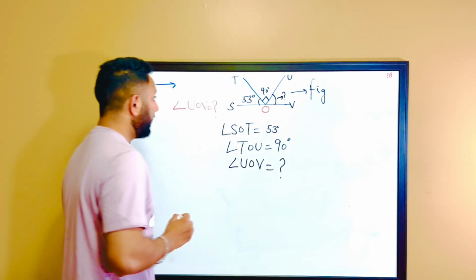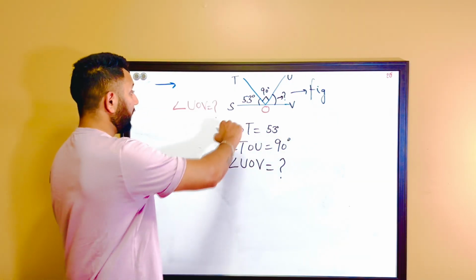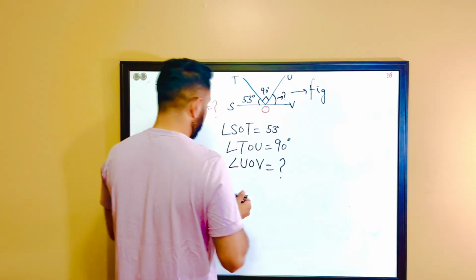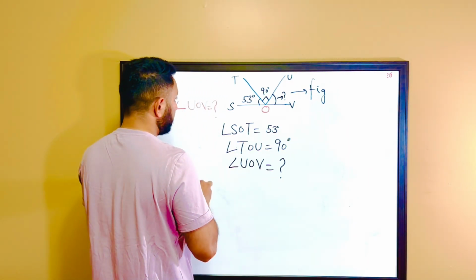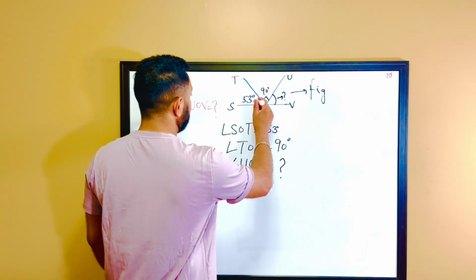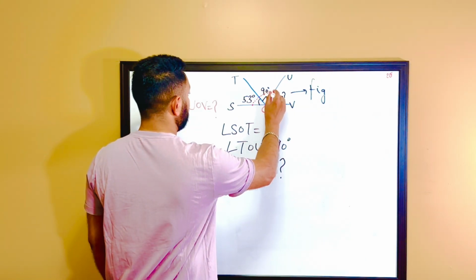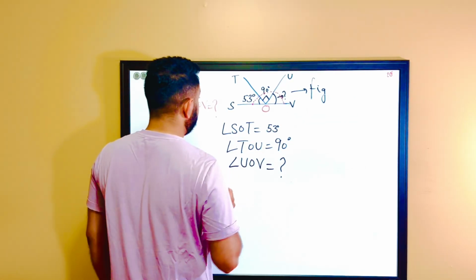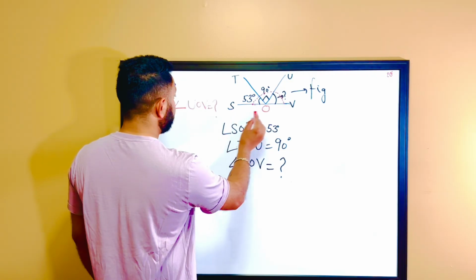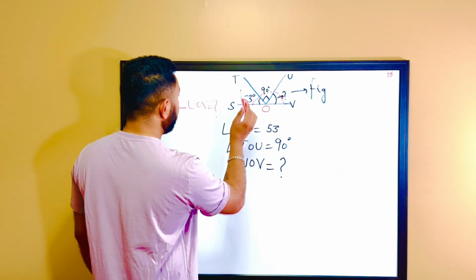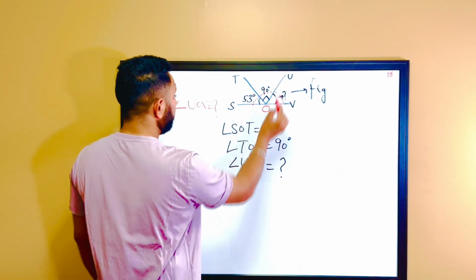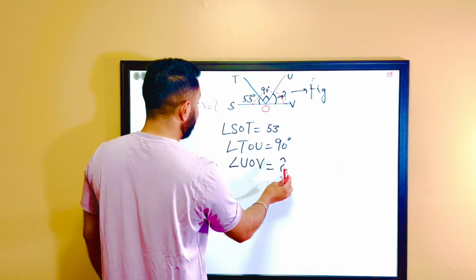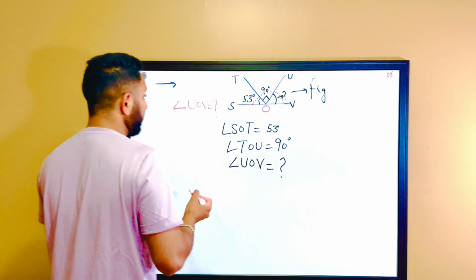We already know that the angle made by a straight line, like line SV, is 180 degrees. So that means this whole angle is 180 degrees. That means these three angles, SOT, which is 53 degrees, TOU, which is 90 degrees, and the UOV angle that we need to find out, sum up to 180 degrees.